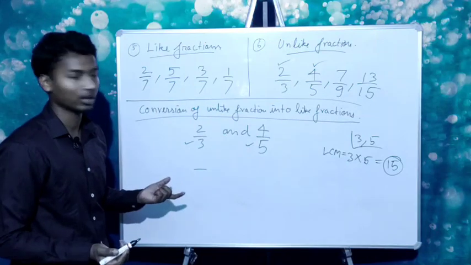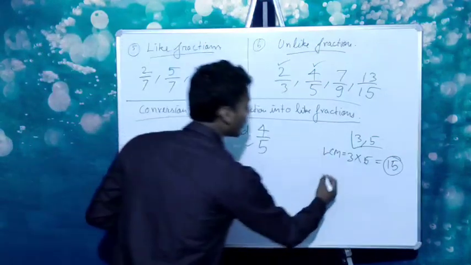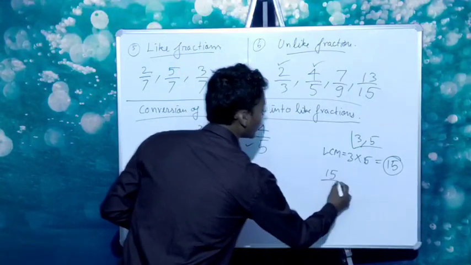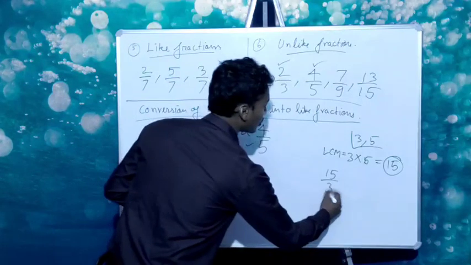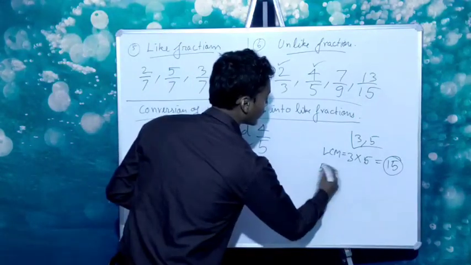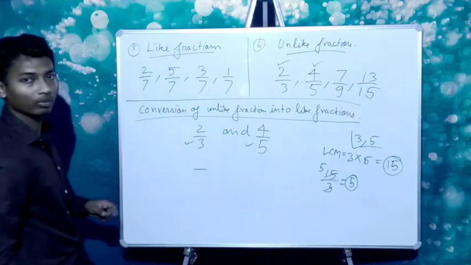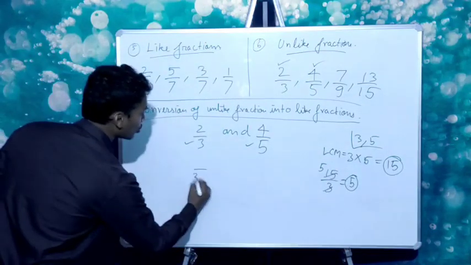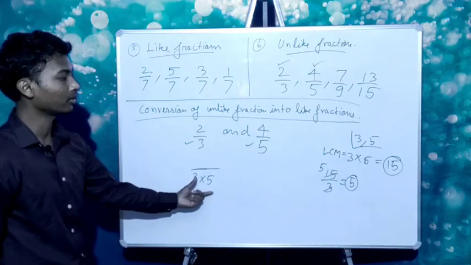We know that is 5. But in case of a bigger number, we can divide the LCM by the denominator 3. So 15 divided by 3 will give you 5. So the number that can be multiplied to 3 will be 5 to get 15. So 3 multiplied by 5 will give you 15.